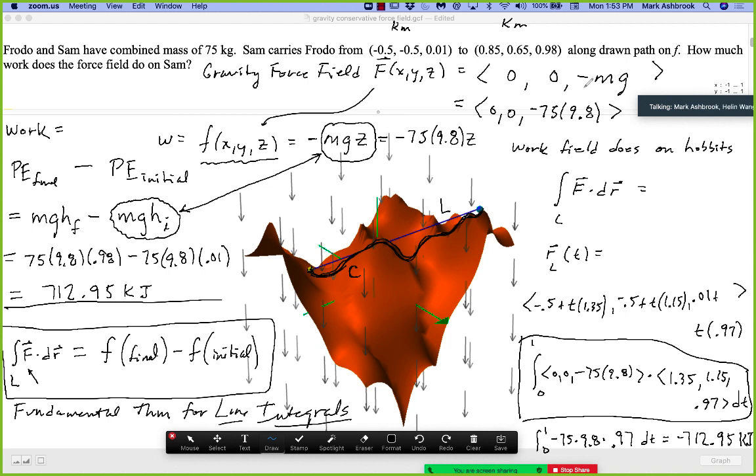Yes, because we only have the z direction on the gradient. So the partial with respect to x is 0, partial with respect to y is 0, partial with respect to z is negative mg. Mass times acceleration, that's force. This is because it's a force field, and so these are forces. Thank you so much.